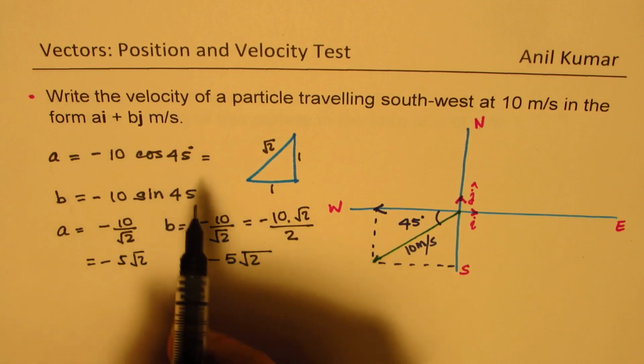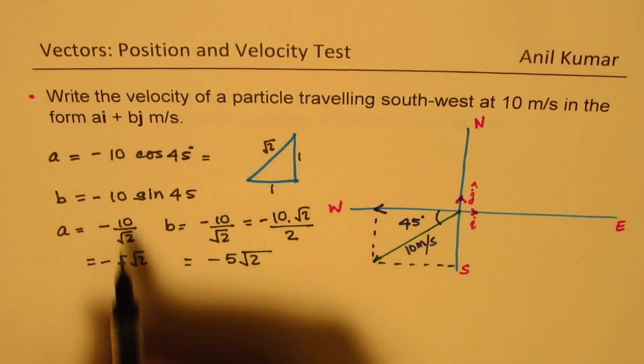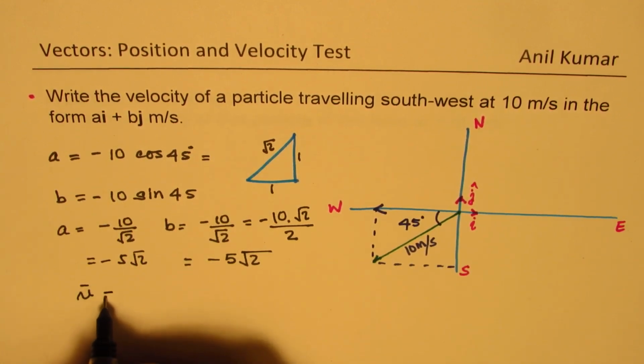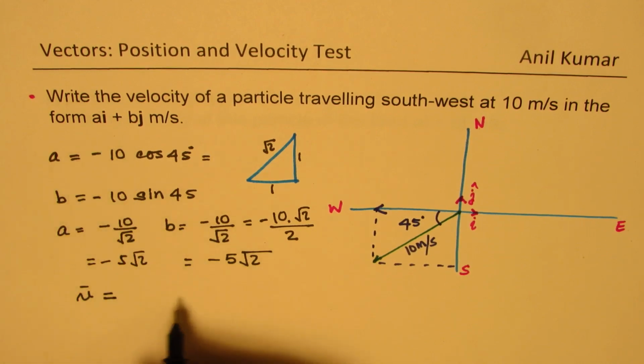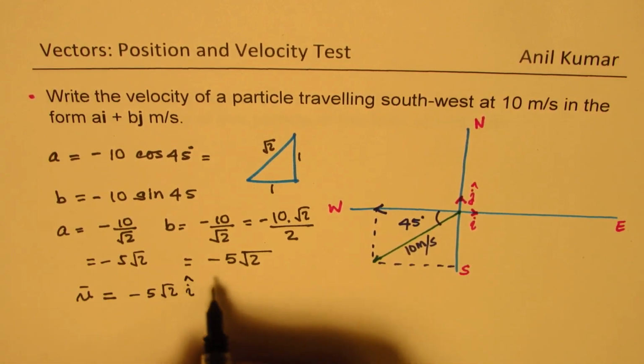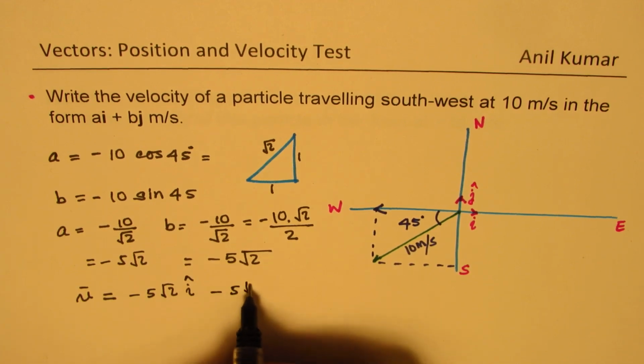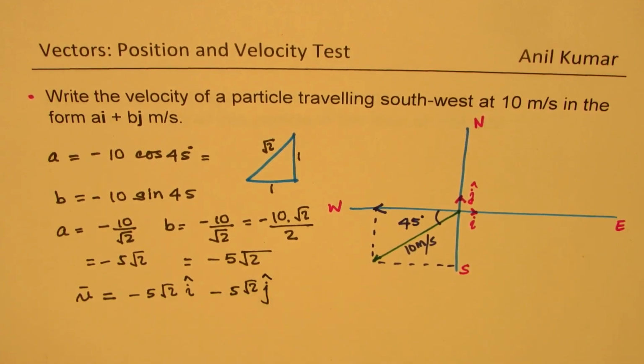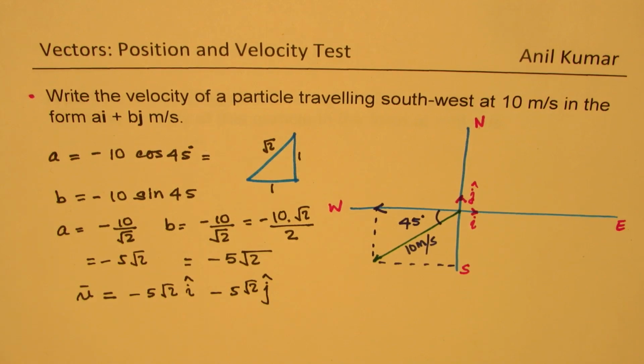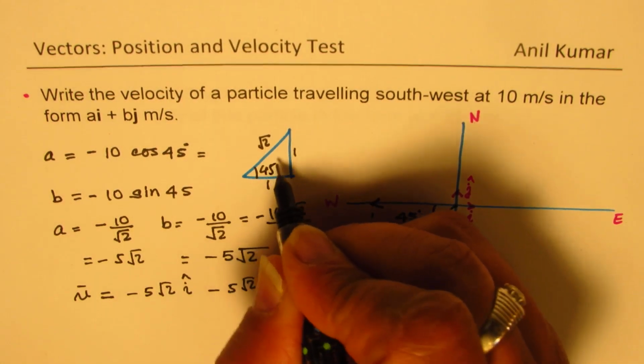So we get the velocity as equal to minus 5 square root 2 i unit vector minus 5 square root 2 j. Clear? So that is how we are going to resolve it. I hope all the steps are clear. So that is for 45 degrees.